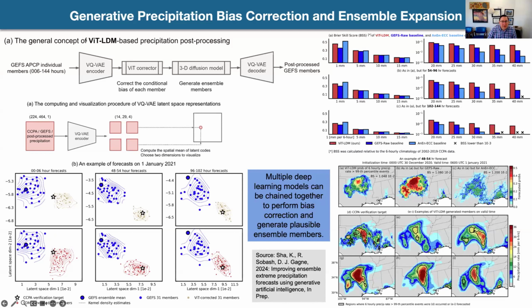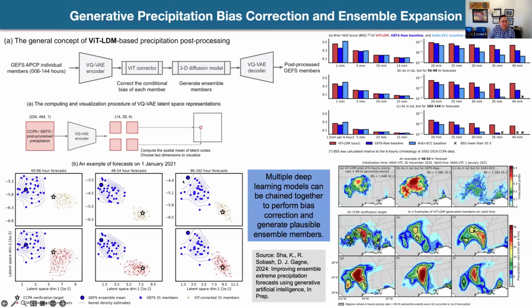We combine a transformer model and a diffusion model to generate larger ensembles that have skill at predicting really extreme precipitation better than the original ensemble we're training on, and better than other methods for correcting precip forecasts. So we can generate different scenarios from just a smaller subset of scenarios.